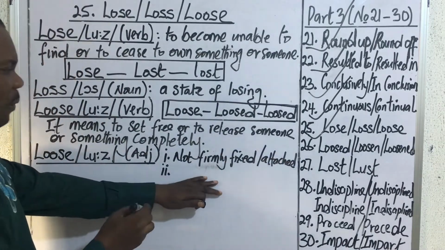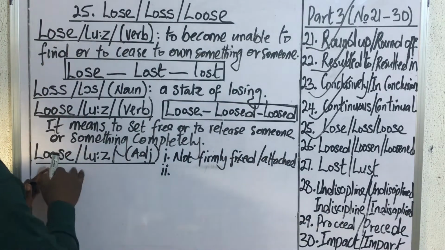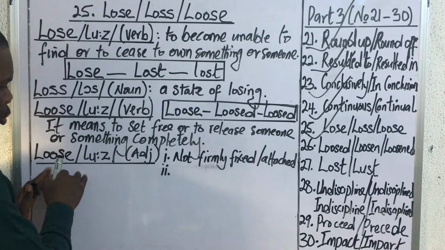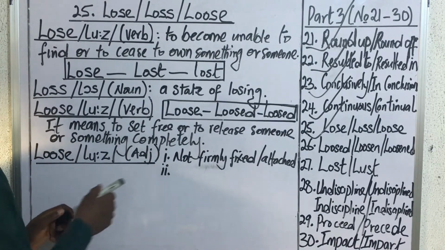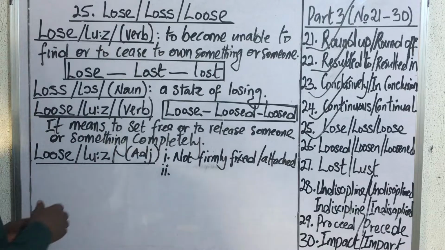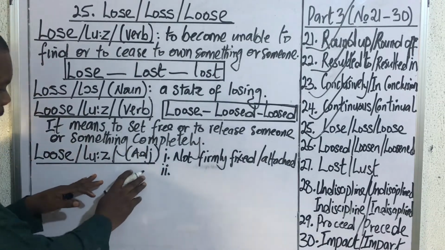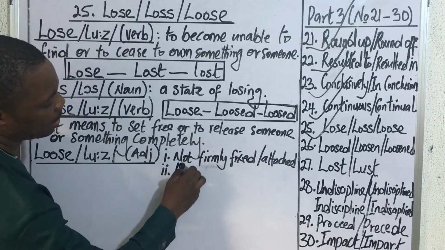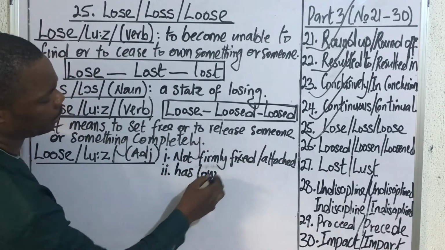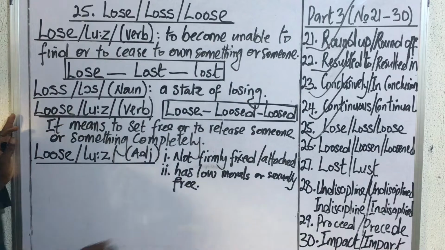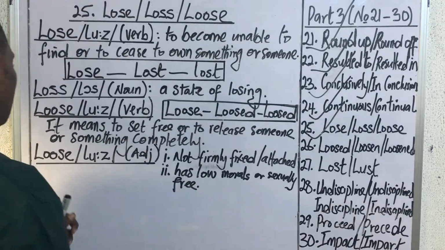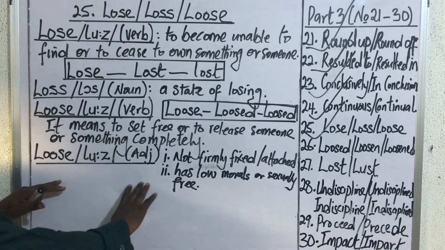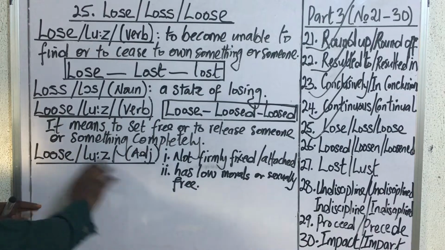When something is not firmly fixed or securely attached, then you can use the word loose, but as an adjective. Then the second way in which you can use this word as an adjective is to describe somebody that has no morals or sexually free. Then you can say that the person is loose. So these are two ways that you can use this word as an adjective.